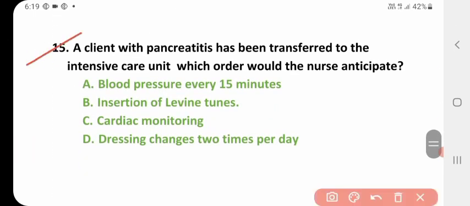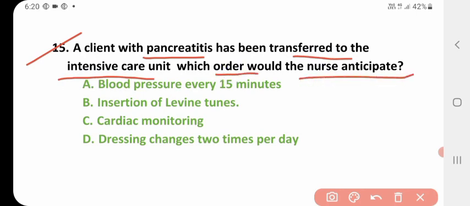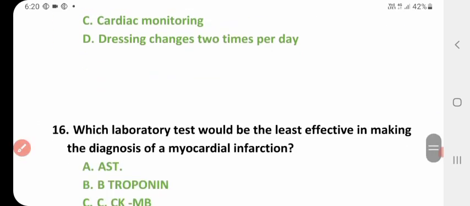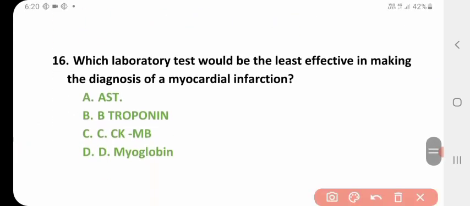Next, 15th. A client with pancreatitis has been transferred to the intensive care unit. Which order would the nurse anticipate? Blood pressure every 15 minutes, insertion of Levin tube, cardiac monitoring, dressing changes 2 times per day. So insertion of Levin tube, option B. Next, 16th.